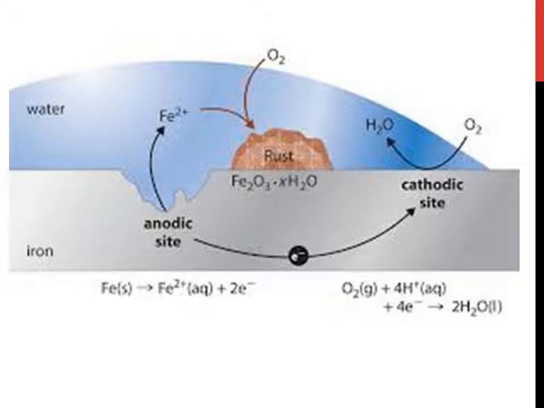And if the corrosion process takes place in the absence of moisture, we call it dry corrosion. The mechanism of wet corrosion can be explained effectively by using electrochemical theory. As the name indicates, the mechanism mainly involves the formation of a galvanic cell or electrochemical cell on the surface of the metal.